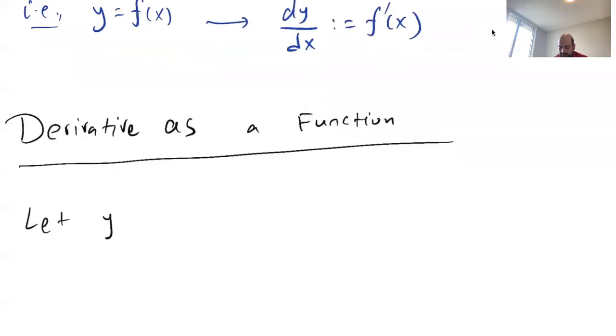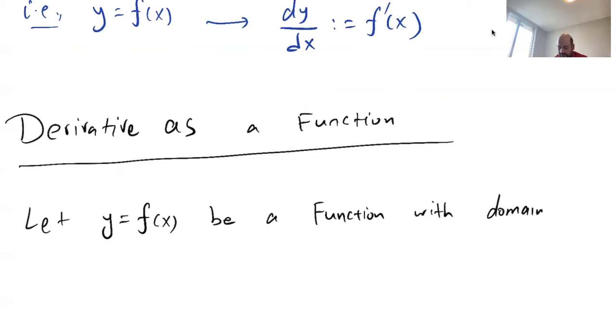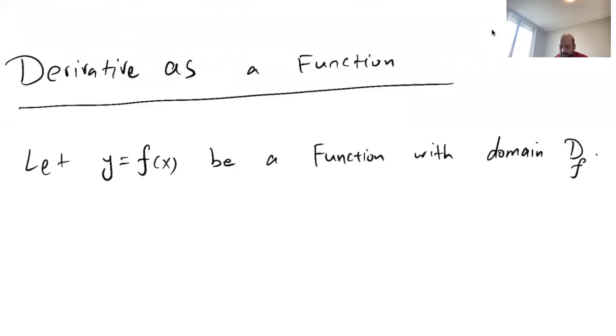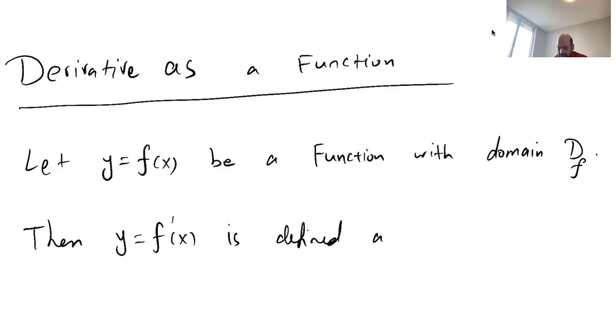So let y equals f of x be a function with domain D_f. Then y equals f prime of x is defined as a function with, okay, I want to introduce a new function.